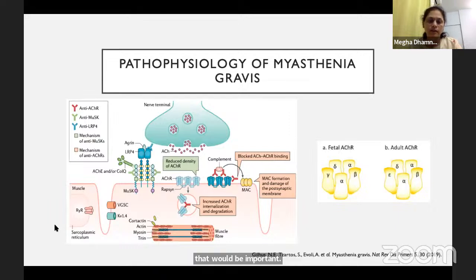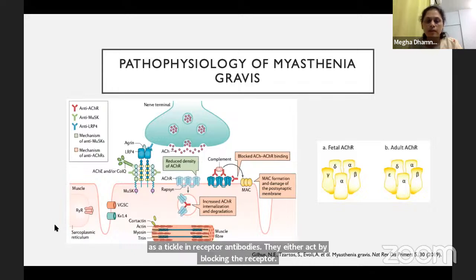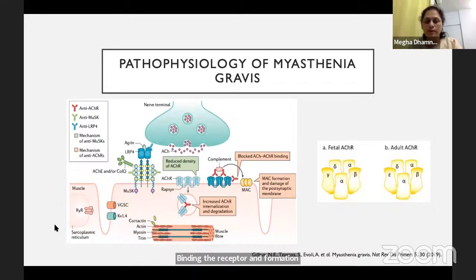There are different antibodies, transmembrane and intracellular. Commonly, acetylcholine receptor antibodies act by blocking the receptor, binding the receptor and forming membrane attack complexes that damage the postsynaptic membrane. The third mechanism is increased acetylcholine receptor internalization and degradation.